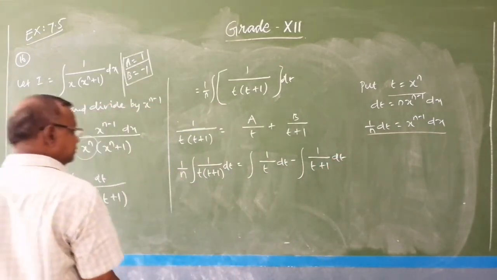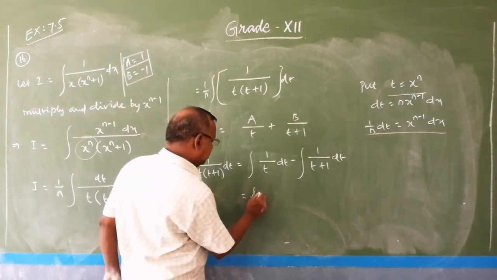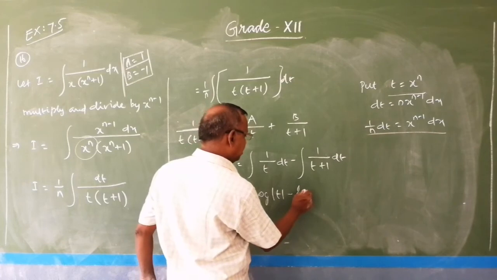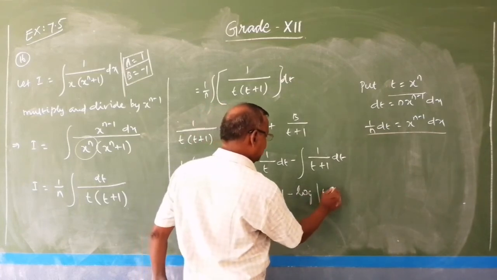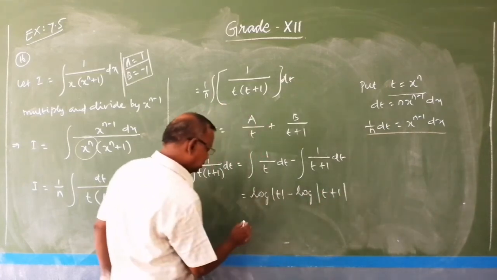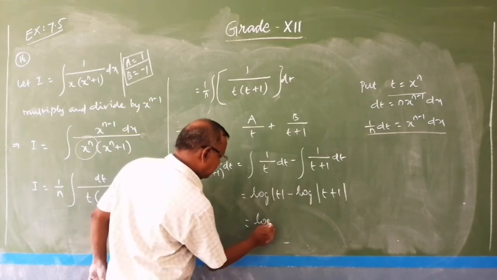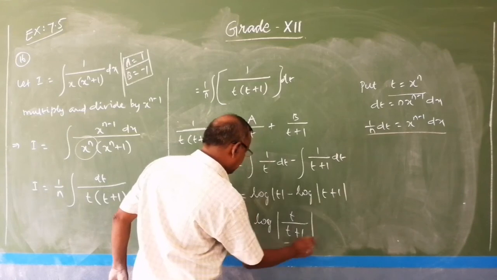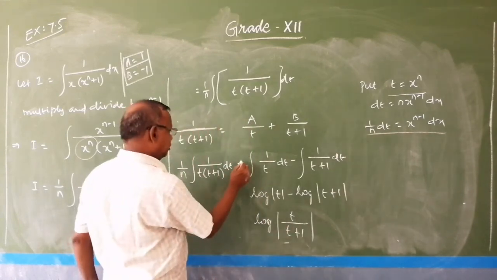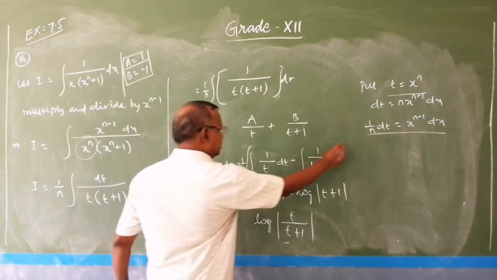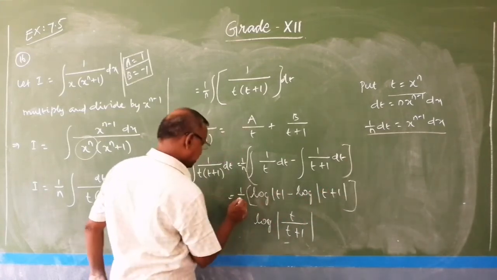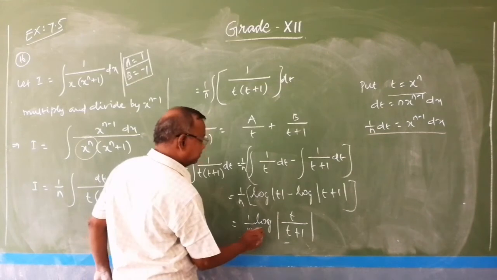This is equal to log of modulus of t minus log of modulus of t plus 1, or log of modulus of t divided by t plus 1, and we have forgotten 1 by n as a common factor, so 1 by n into that.